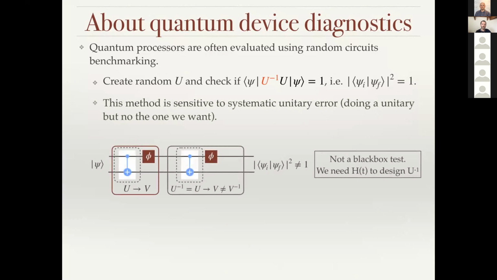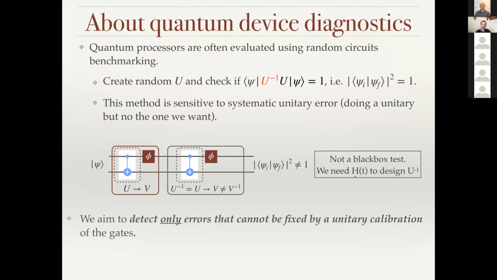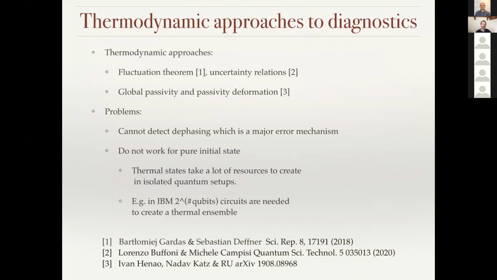But one can show using a very simple example, which I will not go through, that this method is sensitive to systematic unitary error. And more than that, it's not a black box test because we need to know the circuit in order to build the inverse circuit. So we aim to detect only errors that cannot be fixed by unitary calibration of the gates, that is, coupling to the environment, essentially.